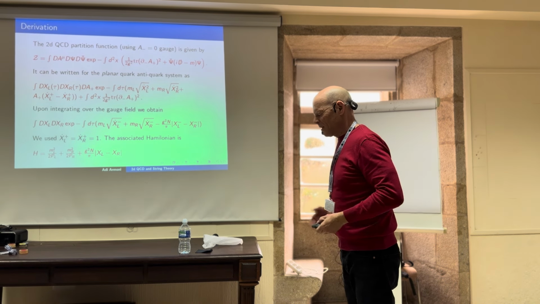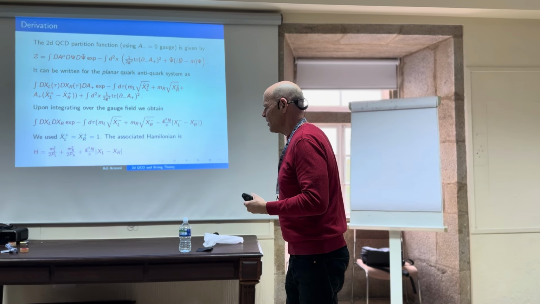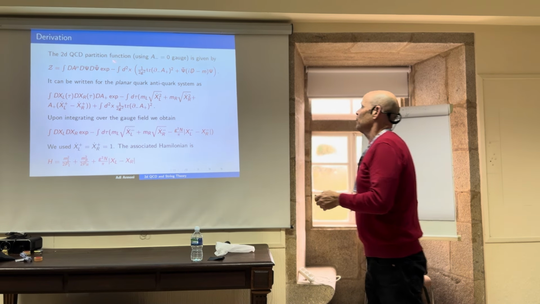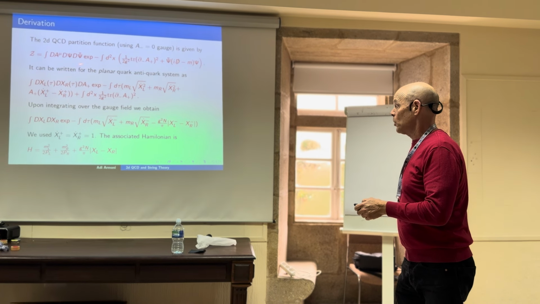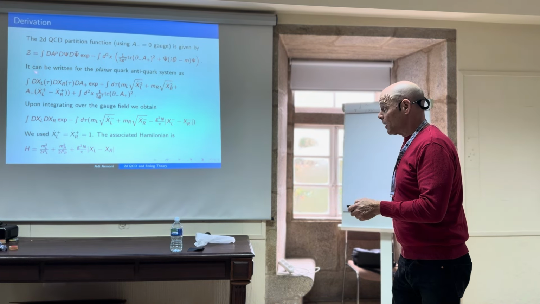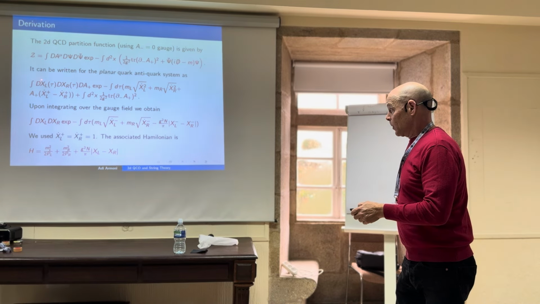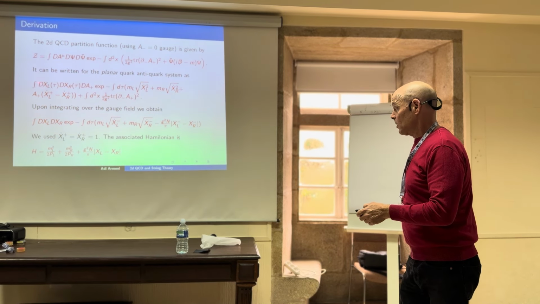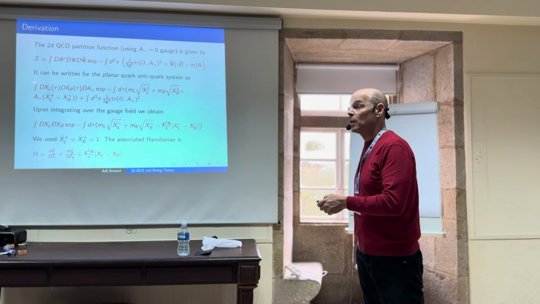That's the essence of why this model is exactly solvable. What we do is use the worldline formalism. In the worldline formalism, we can rewrite the fermions as particles. Instead of having the quark and anti-quark as fields, I write them as particles. It's rigorous. I can show the equivalence.